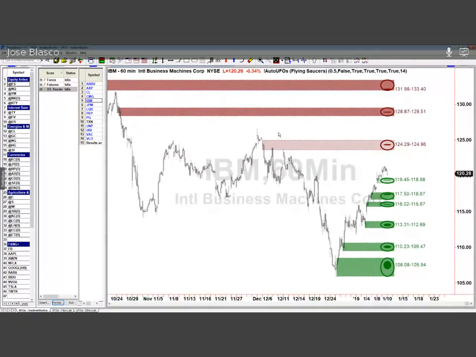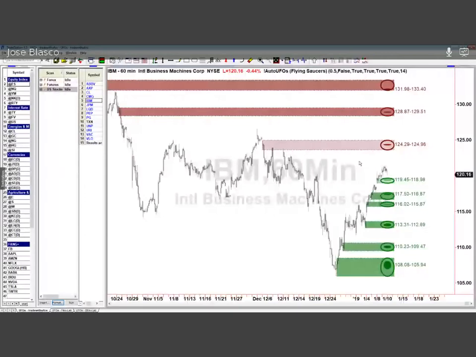Okay, and one rule I would like us to use in that particular case, out of common sense, is that remember, we concluded we want to do this type of trade with IBM because IBM is trading sideways, but we also said IBM will remain trading sideways as long as you got UFOs above and below.